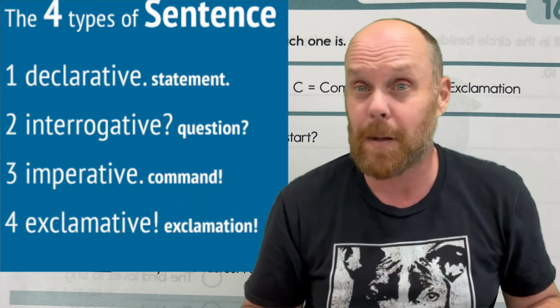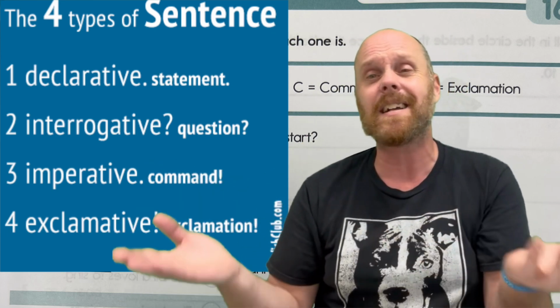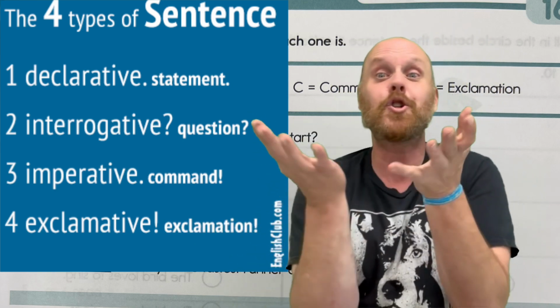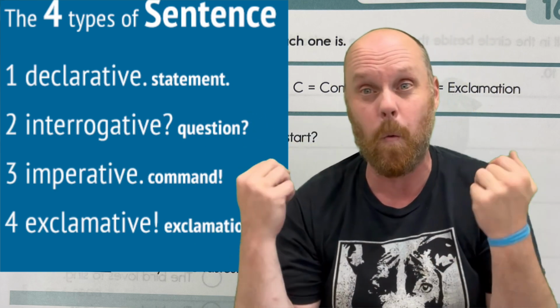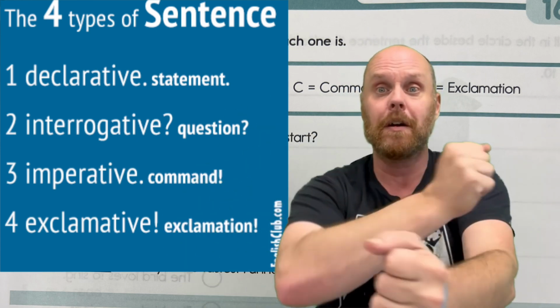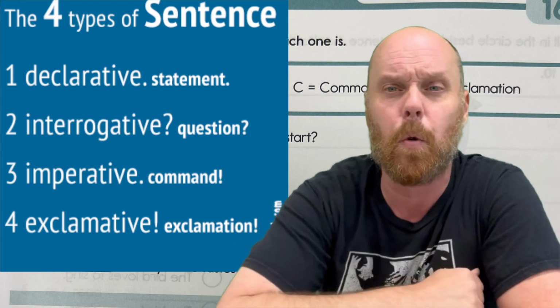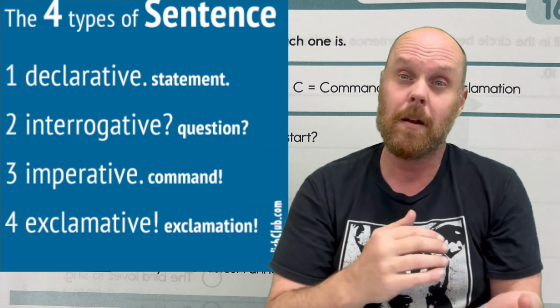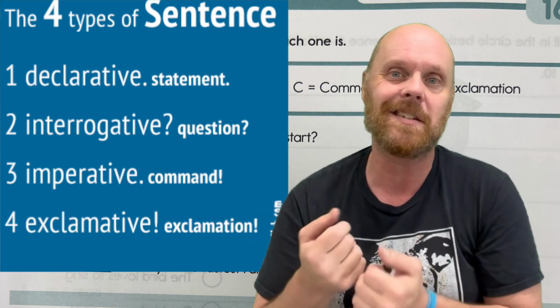And speaking of exclamation point, we have our final sentence, the exclamatory sentence. In the exclamatory sentence, you're showing real excitement about what you are doing. I am so excited to be a second grade teacher! You see, that would end on an exclamation point. You see, with punctuation comes emotion, and it changes the sentence completely.